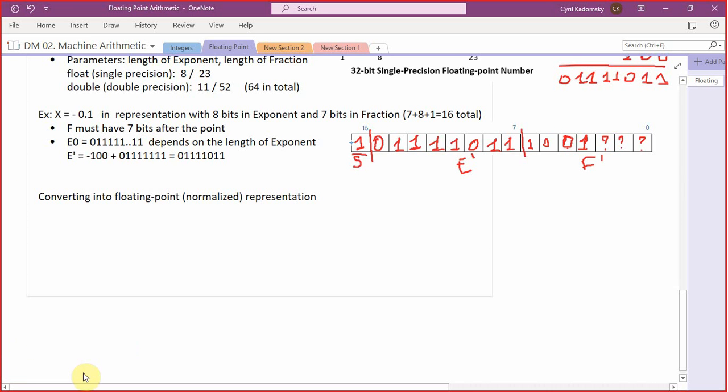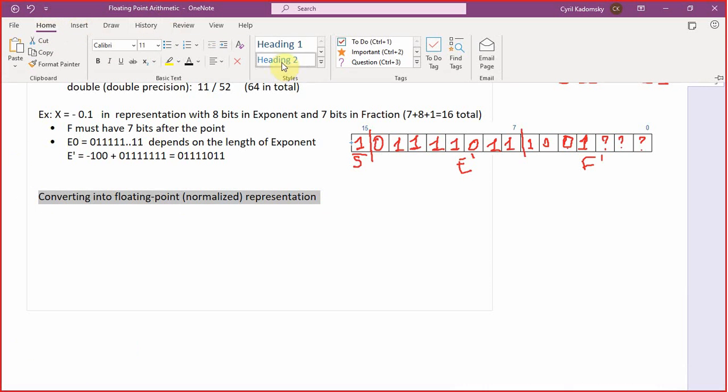There is a difference between normalized and denormalized. We are considering only the first case. And let's formulate the algorithm as it is.